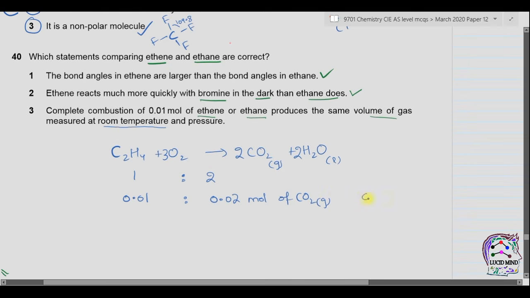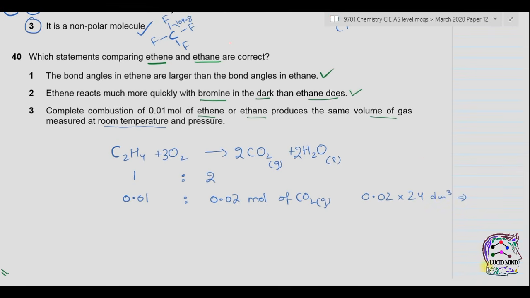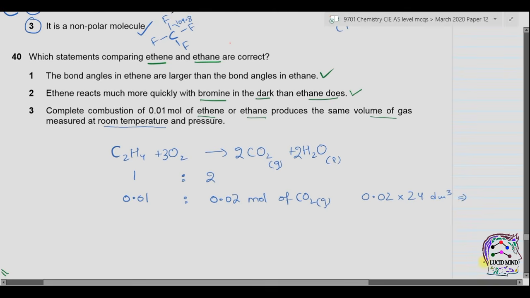Just multiply 0.02 into 24 decimeter cube. So it is 0.48 decimeter cube gas. Now let's carry out the same reaction with ethane.